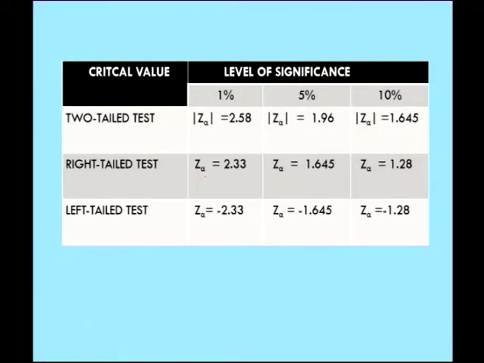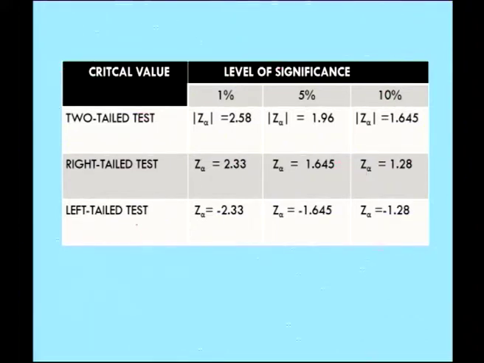So, Z alpha is equal to 2.33. Here the modulus is not required because Z alpha is positive on the right side. Z alpha is equal to 2.33 and Z alpha is equal to 1.645, which is got from the 10% two-tail test, and Z alpha is equal to 1.28 at 10%.